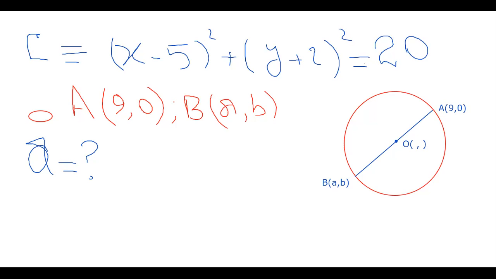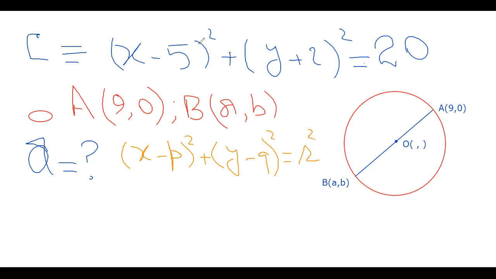The equation of the circle in standard form is x minus p whole square plus y minus q whole square is equal to r square.